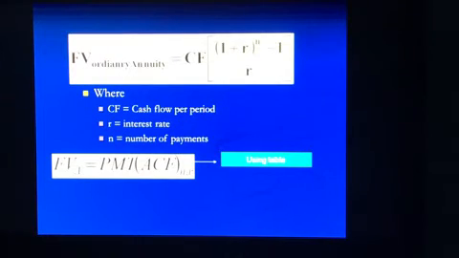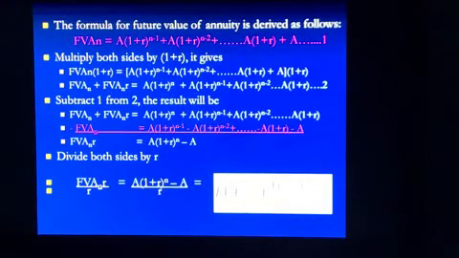We can use this formula manually, or we can use the table formula as well. This is the expansion of this formula. If you can understand this expansion, it's very good. But if you don't understand this expansion, it's okay. You just need to remember the formula of future value of annuity, FVA.